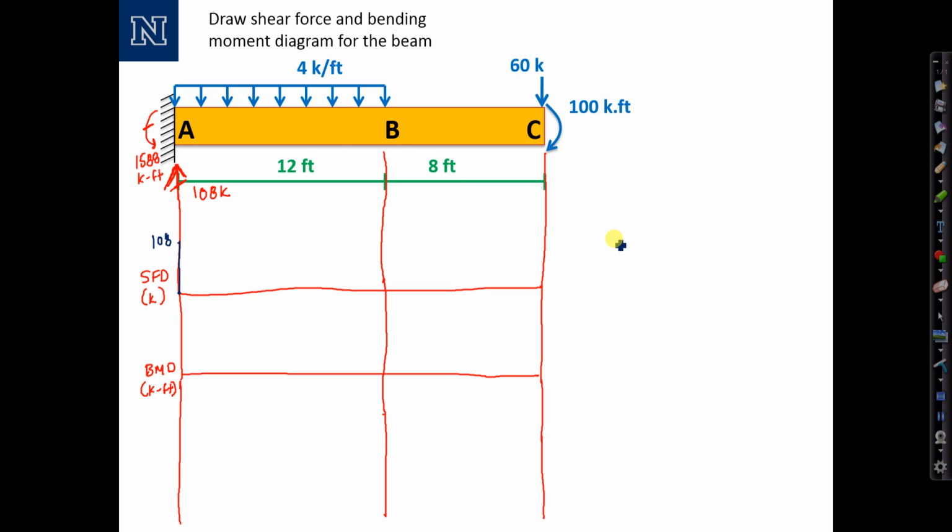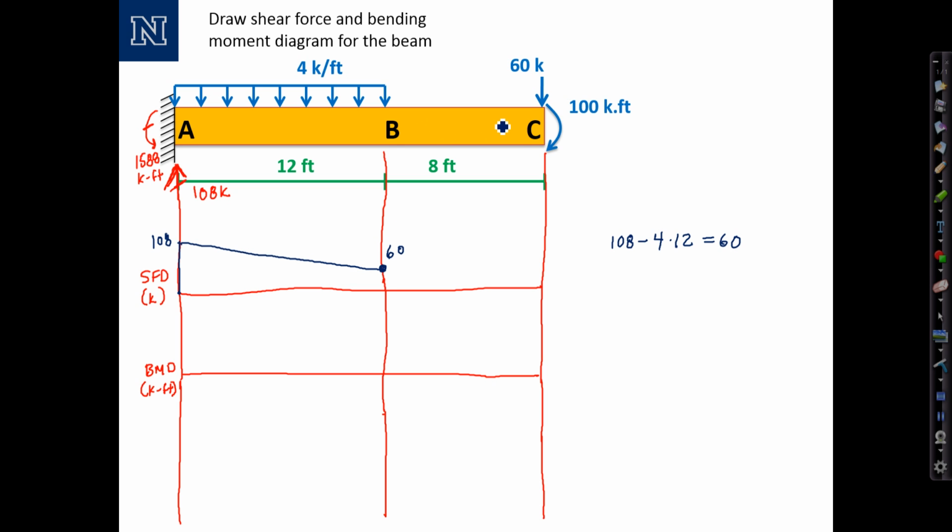To calculate the value at B, I take the value at A minus the area under the distributed load diagram, which would be 4 times the distance, 12, and that equals 60. So I'll draw the diagram linearly decreasing from A to B with a value of 60 at point B.